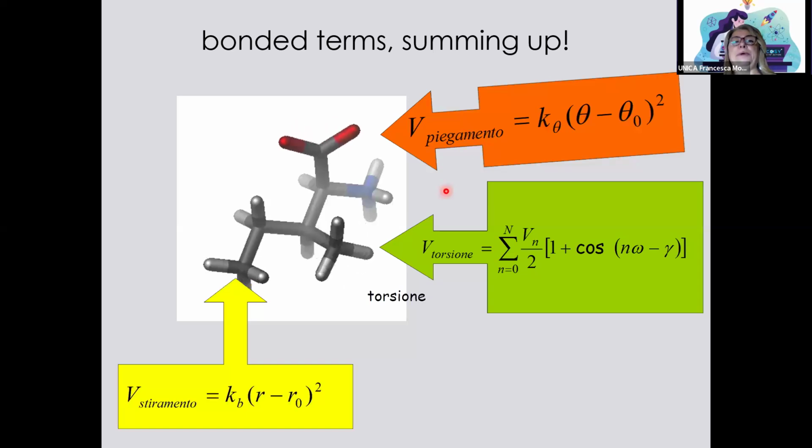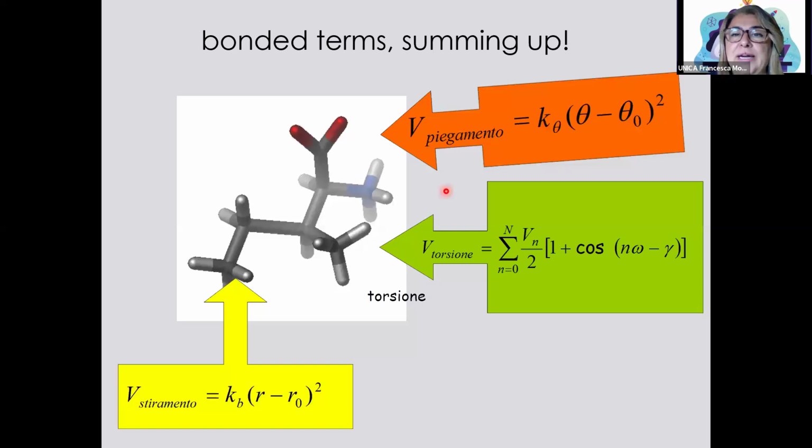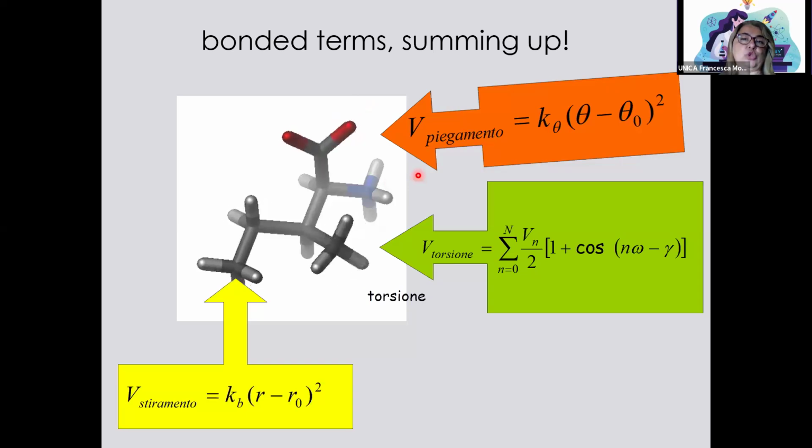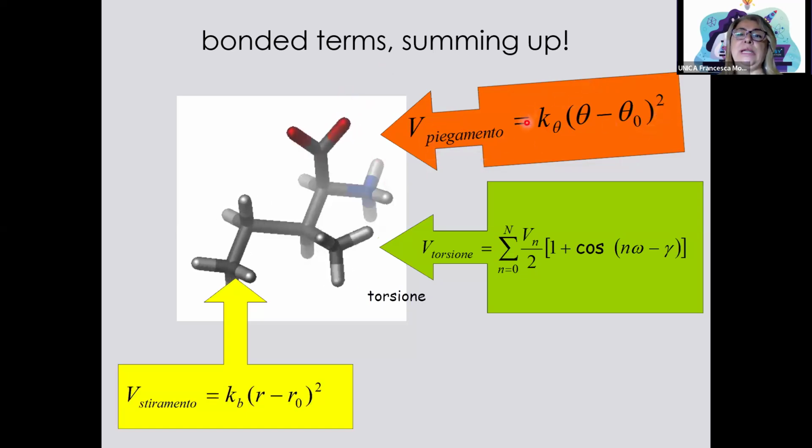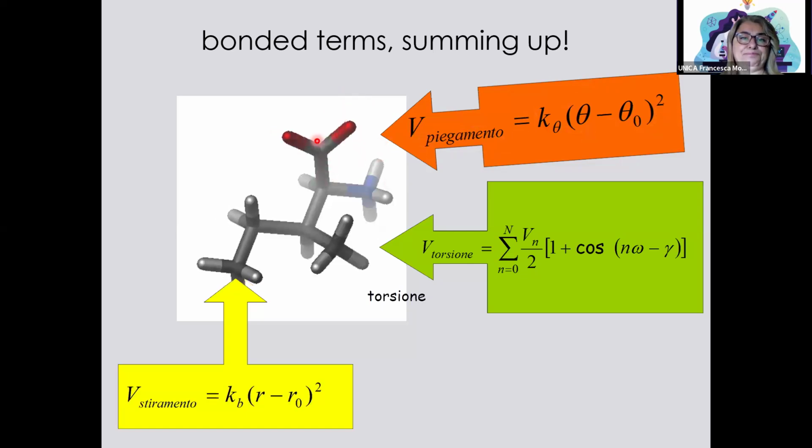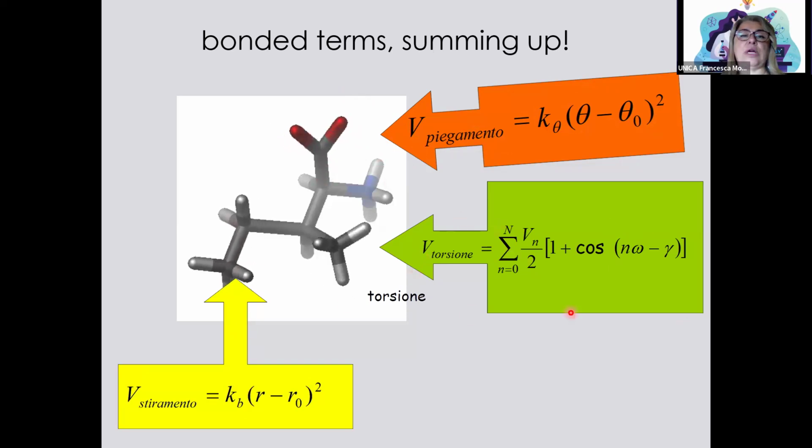To sum up, the bonded terms are divided into three terms: one with a harmonic potential for the stretching, one for the bending, and for the torsion, we have a sum of cosines.